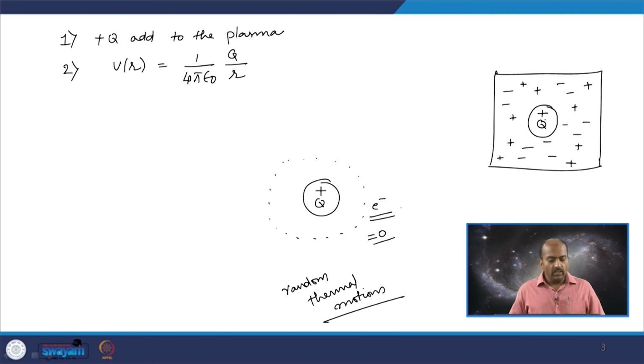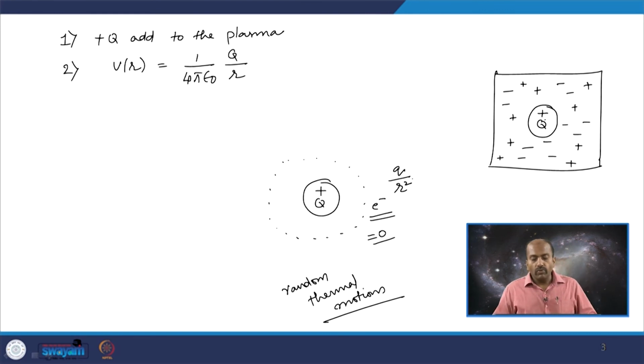Now, if we measure the electric field in the nearest vicinity, we would recover a single particle potential, a single particle electric field. In the nearest vicinity of this test charge, it will just be q by r square. But due to the fact that many particles are moving in this vicinity, this situation changes rapidly over a period of time.